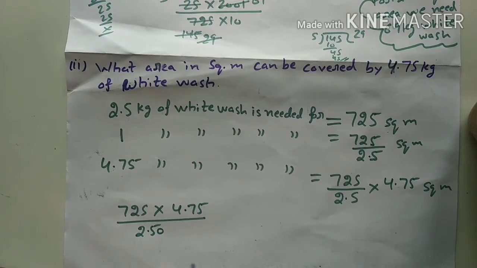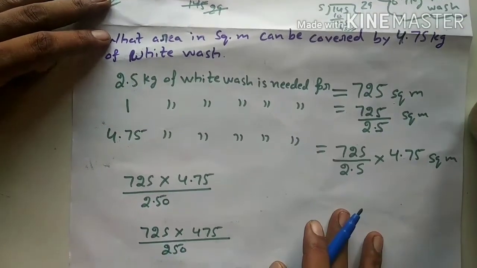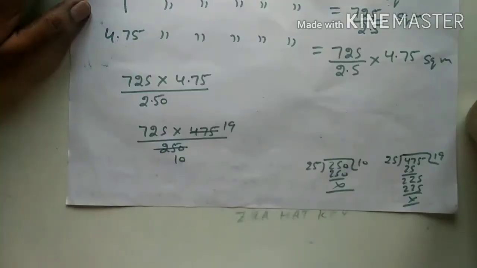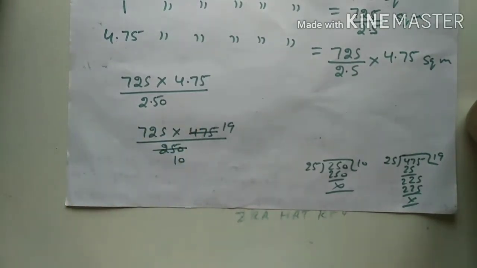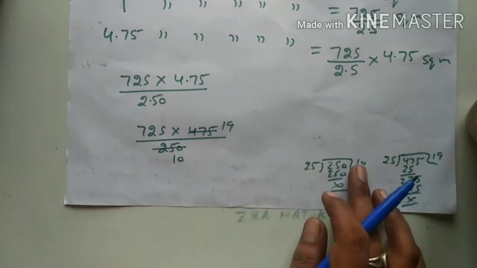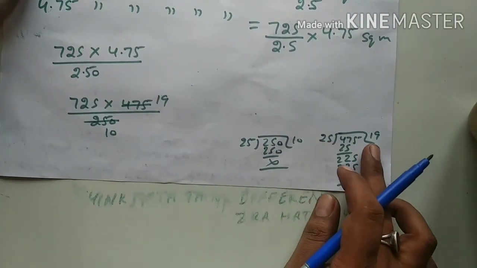Now the question becomes like this. Okay, student? Now you can see, 250 and 475 are both divisible by 25. I divide 250 by 25, the answer is 10, and I divide 475 by 25, the answer is 19.